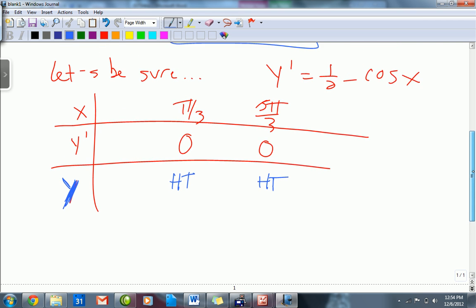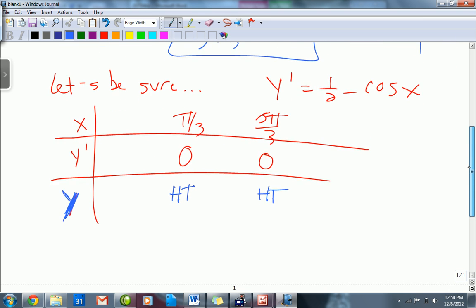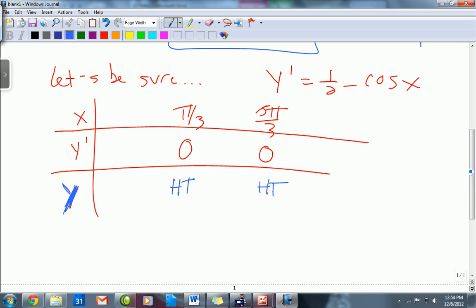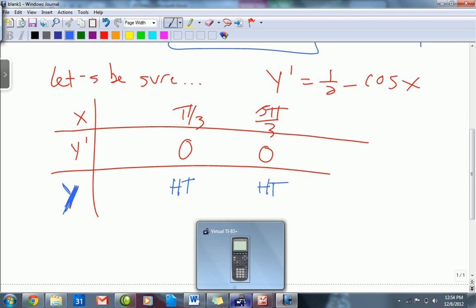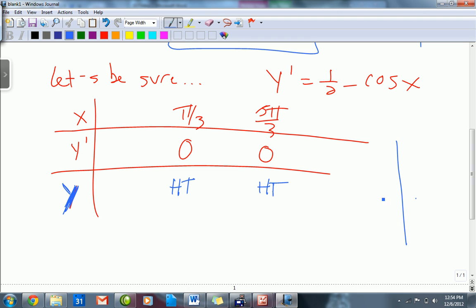What I'm going to do is graph quickly the derivative. Actually, I can just sketch it. So here's what the derivative will look like. Cosine x is here, so minus cosine x will be the opposite way. It will look like that. Okay? If I add a half to that, it bumps it up 1/2.